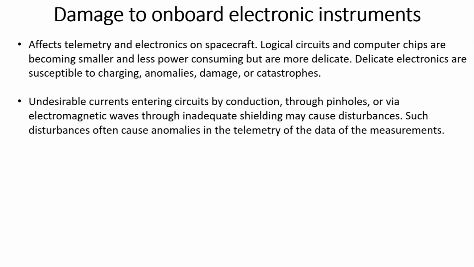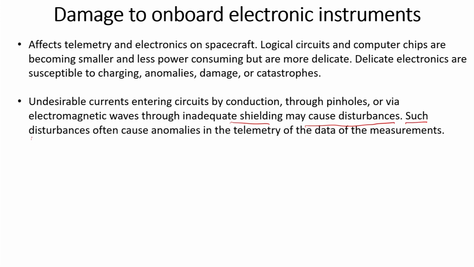Whatever these currents are, they are undesirable because they are something like noise, and unless we are able to harvest them, they are unwanted and we cannot use them. They can conduct through pinholes or via electromagnetic waves through inadequate shielding, and those may cause disturbances.